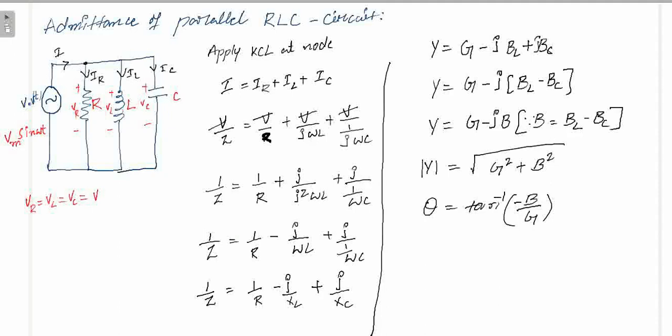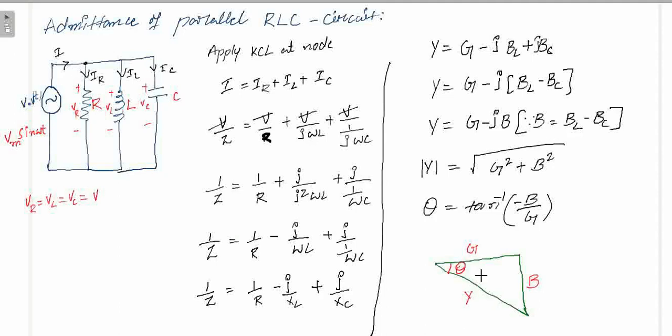Let us draw the admittance triangle. The admittance triangle will be like this. Here you are going to have your conductance, and here you are going to have susceptance, and here it is your Y, which makes an angle phi.